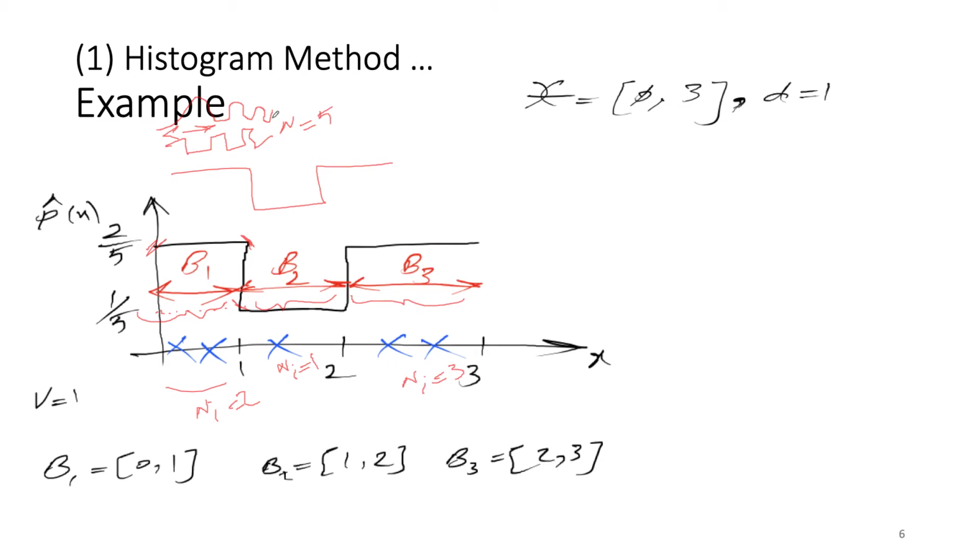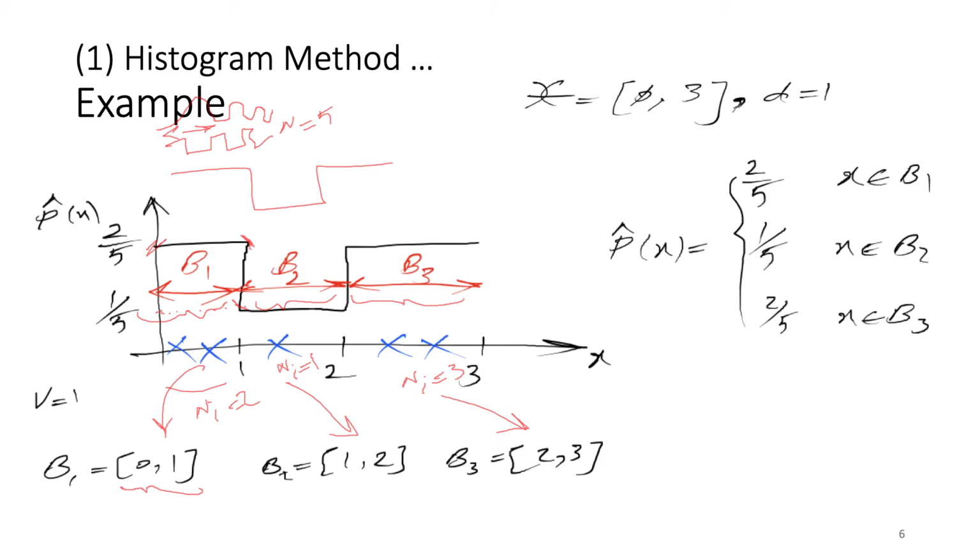Okay, now after this, we finally can say that our hypercube B1 had 0 and 1, so it was within this window. B2 was within this window, and B3 was within this window. So the final p hats are 2 over 5, 1/5, and 2/5.